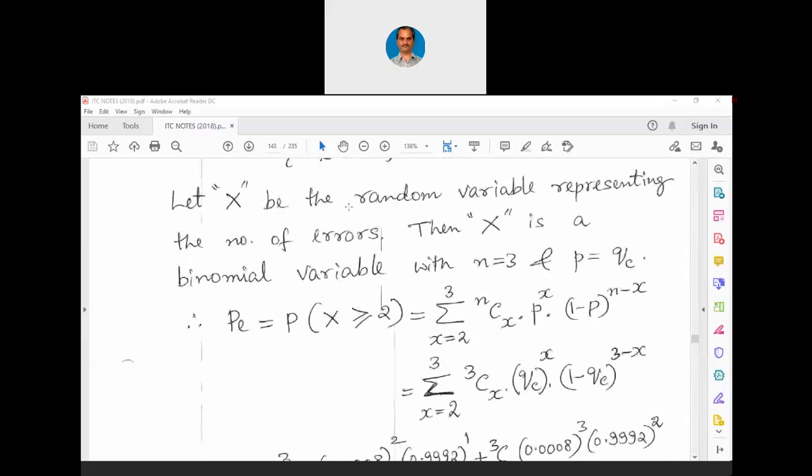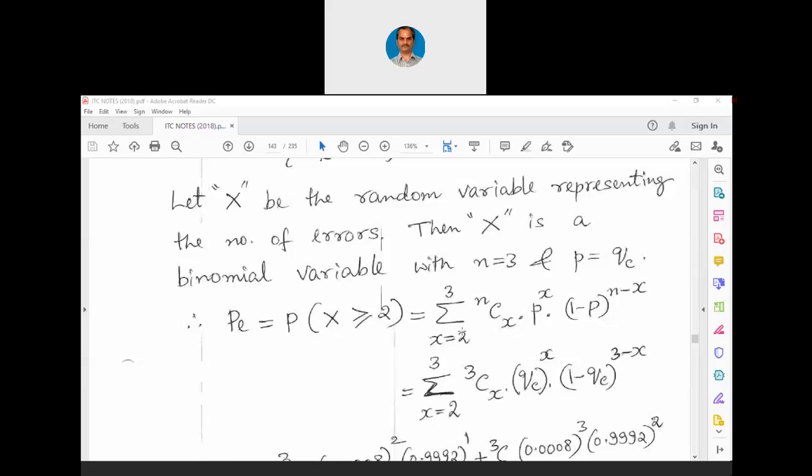So let us continue with this now. Let this capital X be the random variable representing the number of errors. Then capital X is a binomial variable with n equals 3 and that probability is nothing but QC, that is given. So please recall the binomial theorem, where we can express this probability of error as the probability of X being greater than or equal to 2.